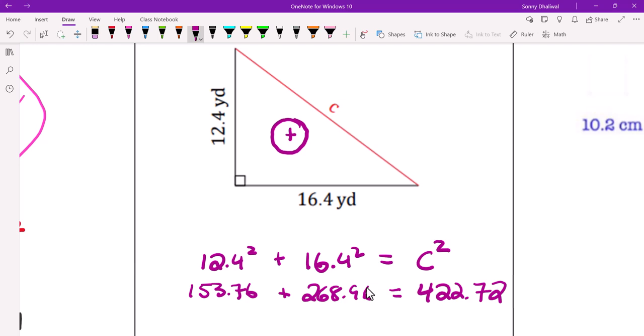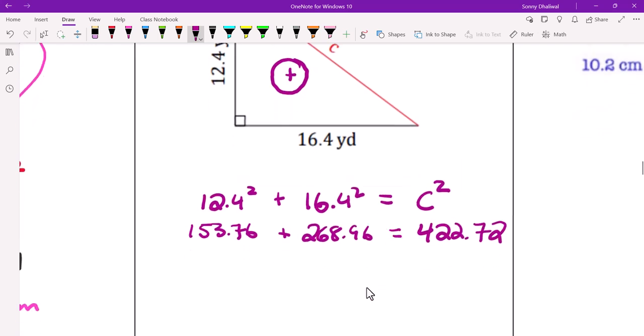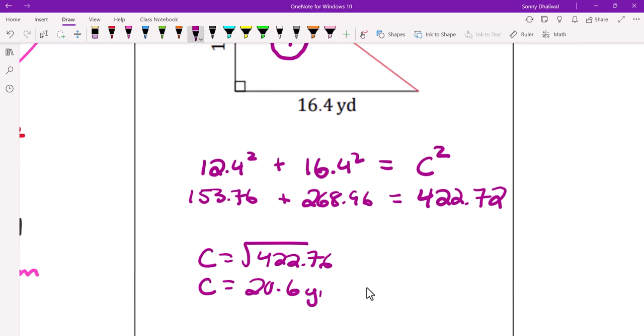Because that gives us the square of C. So to find C, we need to do the square root. 20.5 or 20.6 if you round it. Okay, so C is 20.6 if you round it. And what should the units be? 20.6 yards. Yards. Not square, just yards. That's what I said. Okay, we'll stop right there.